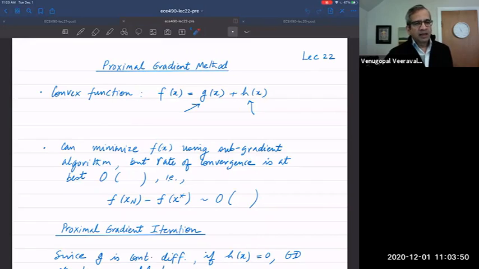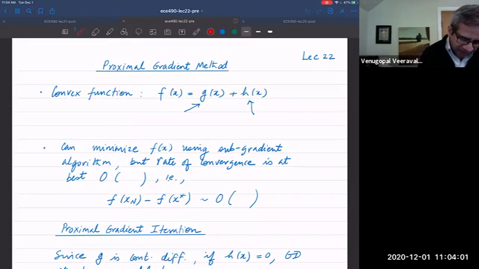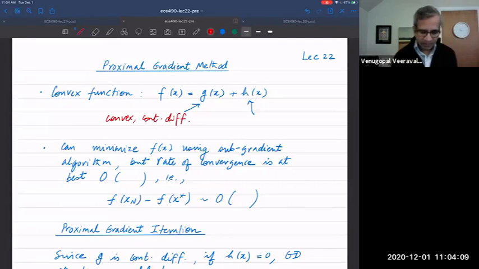a function where you add something. You're trying to optimize some function, say g of x, and this g of x might be convex and continuously differentiable. But then you add something called a regularizer to this function.